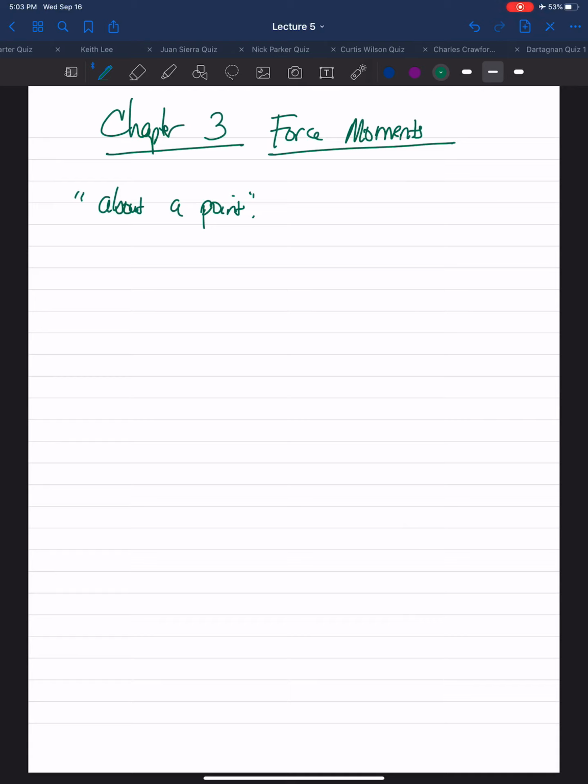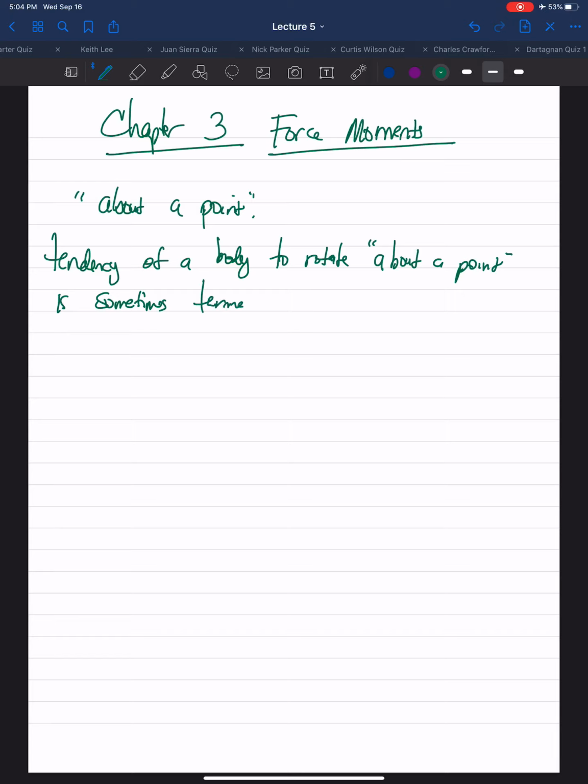So this tendency of a body to rotate about a point is sometimes termed torque, but in our text we'll be calling it moment of a force.